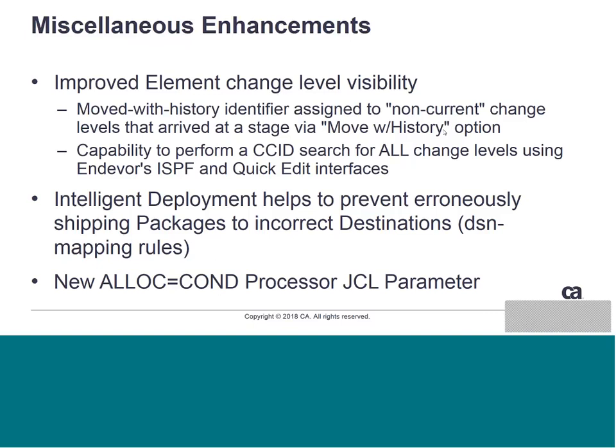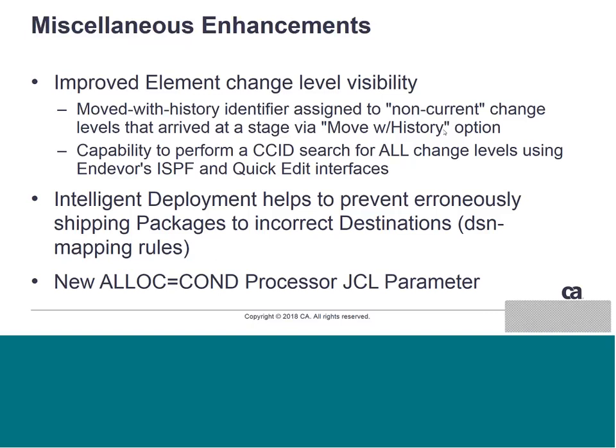But we've got some customers now that have 30, 50 different deployment sites, and they ship different things to different places, and it became very confusing for their end users to figure out what was what. Essentially, they would often make mistakes and not find out about that mistake until the shipment failed, because the mapping rules did not line up. So we're addressing that by taking that mapping rule logic and using that when providing a selection list to the end user on the package ship function, so that they only see those destinations that are eligible for those package deployments. That really helps to prevent some of those errors from occurring.